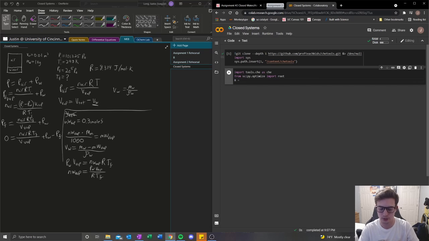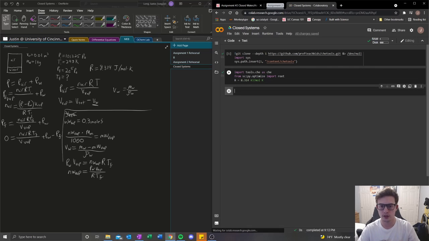All right. And then I'm going to define the R value, because that's constant and is not going to change: 8.314, and then make a comment so that we know the units, because they're pretty important for the gas constant. All right, and the first thing I'm going to do is, since we're dealing with water here, we want the properties of water.